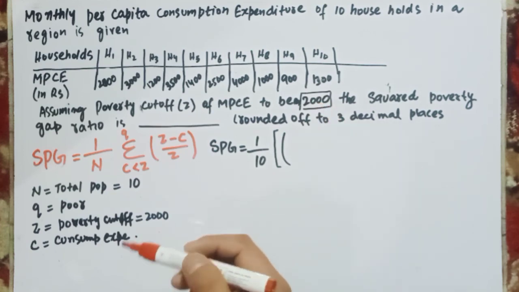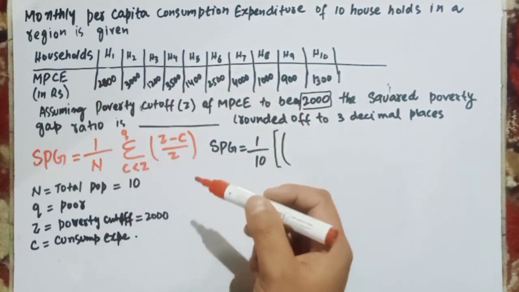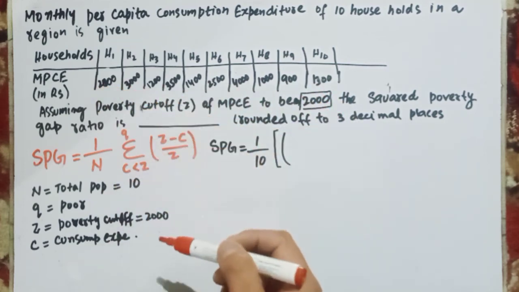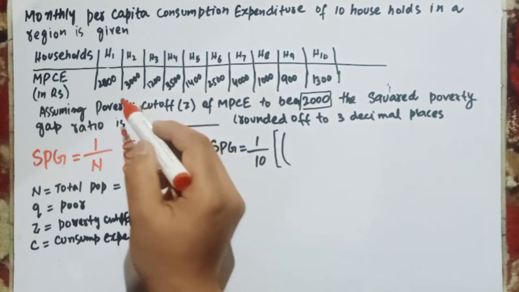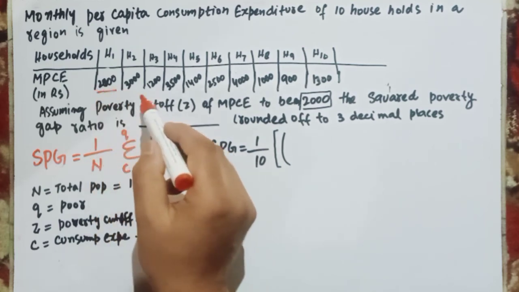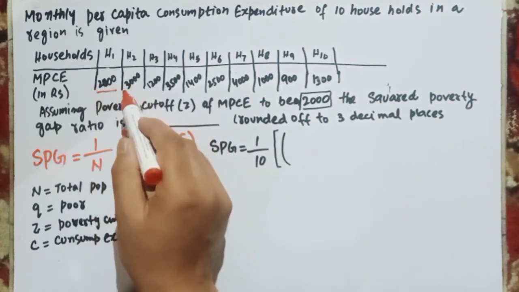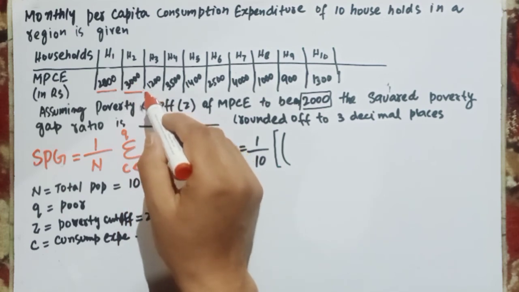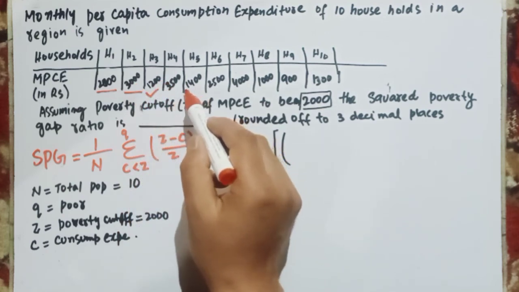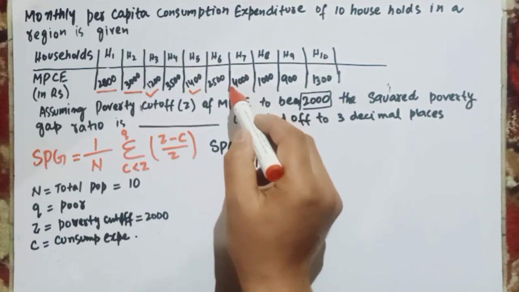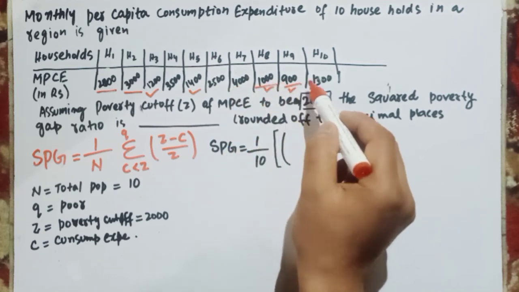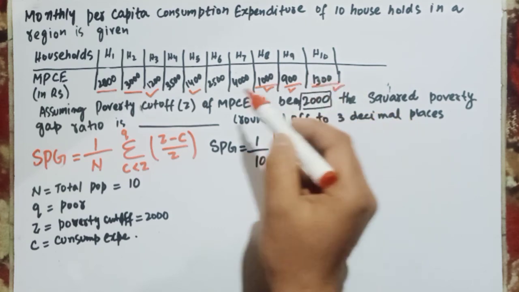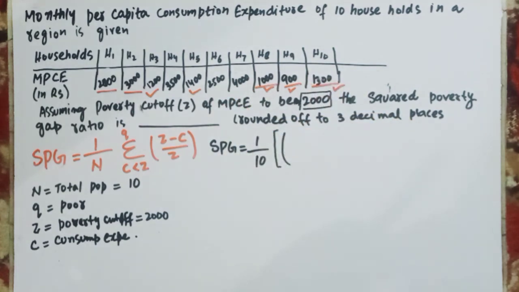So which of the values do we need to take here? Any value which is less than 2000 will be the poor. So we have 2800, which is greater than 2000, so it is not poor; then we have 1200, 1400, 1000, 900, 1300. These will be the values of C.